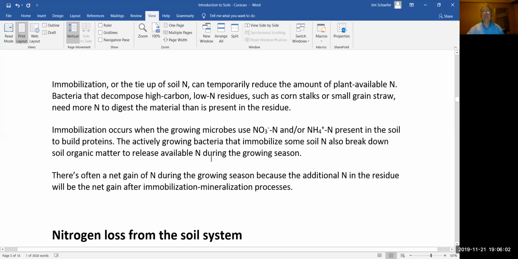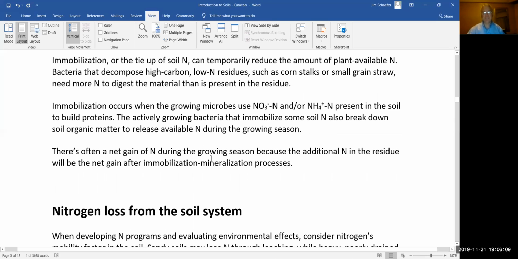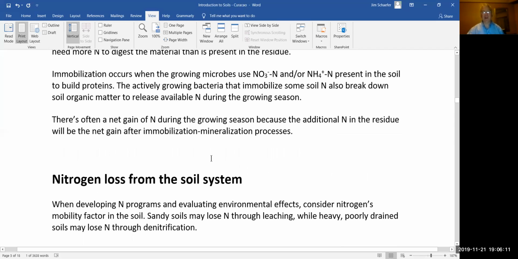It's a dynamic that's going back and forth all of the time in the life of your soil. You should think of your soils as very much alive, and part of that life, as is the case with all life, is a complex of chemical reactions that is going on 24 hours a day, 7 days a week. It never stops.